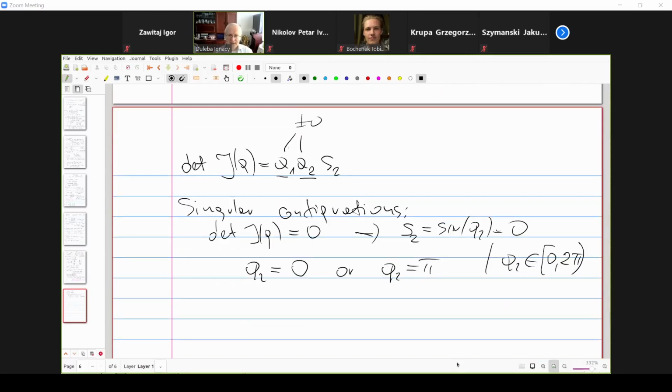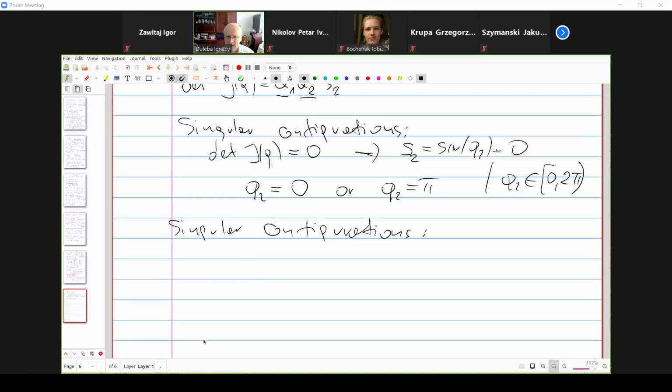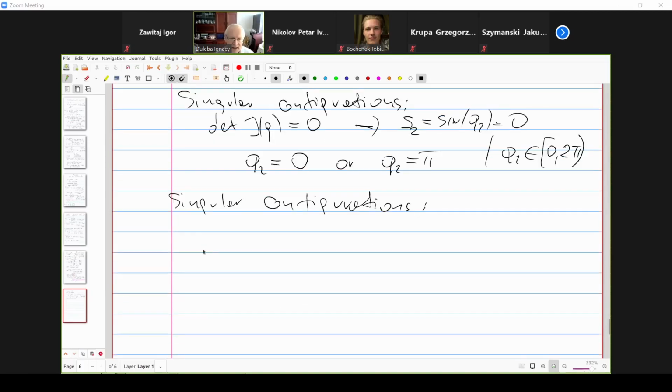Okay, so singular configurations in this case are the following. Please notice that the configuration is singular. I've selected only Q2, so it must be 0 or pi.